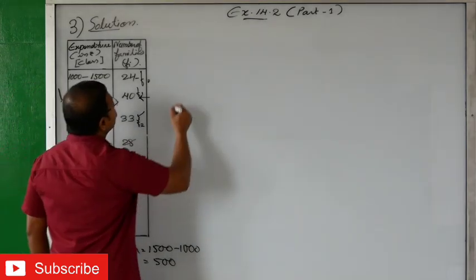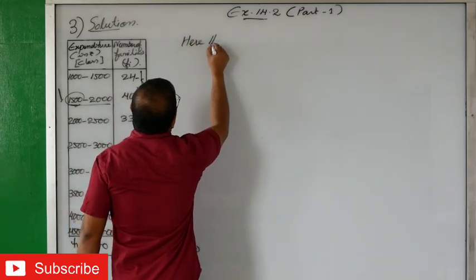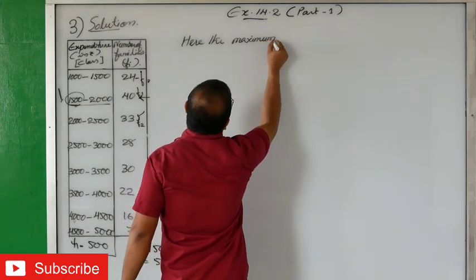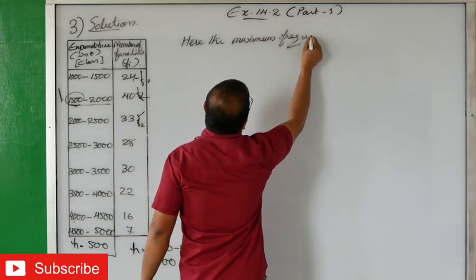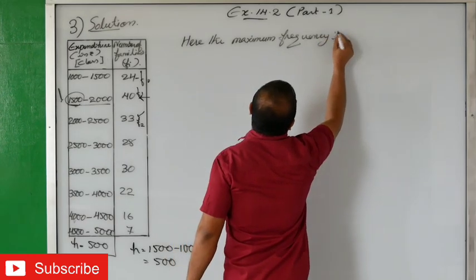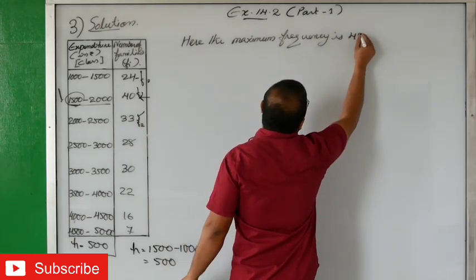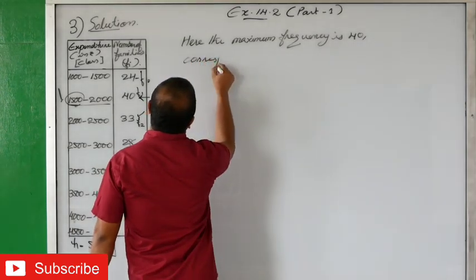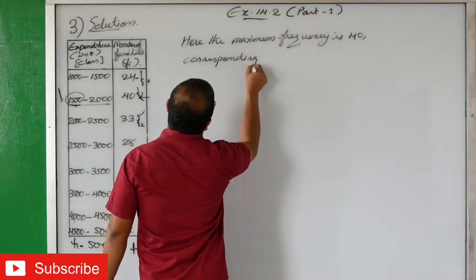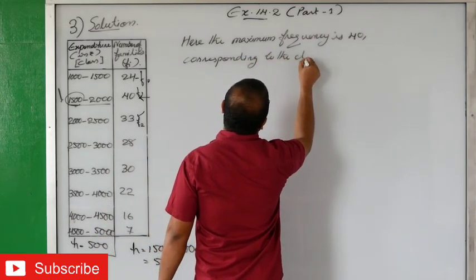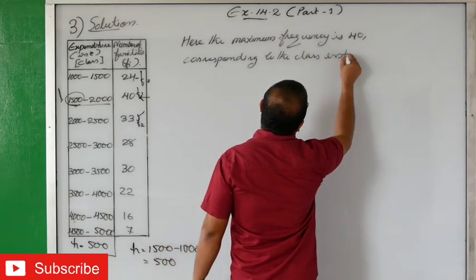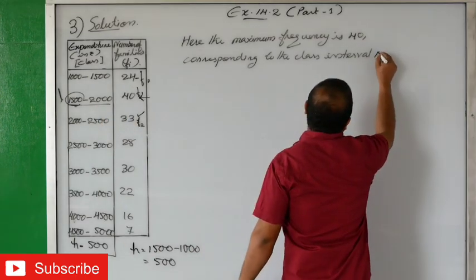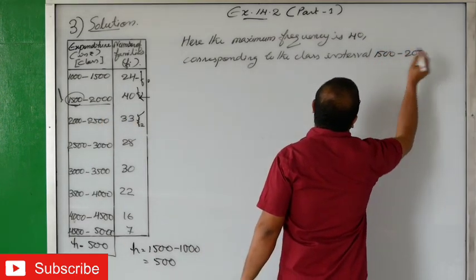Ready? Now we will write here the maximum frequency. What is the maximum frequency? 40, corresponding to the class interval, what is the class? 1500 to 2000.